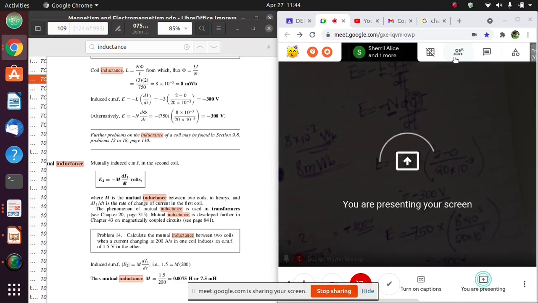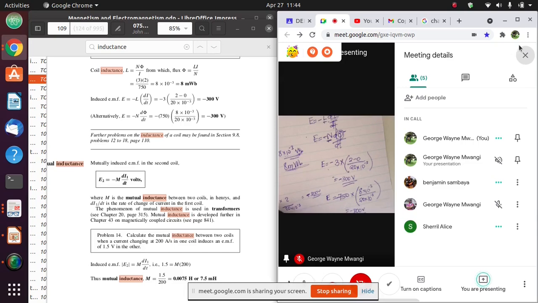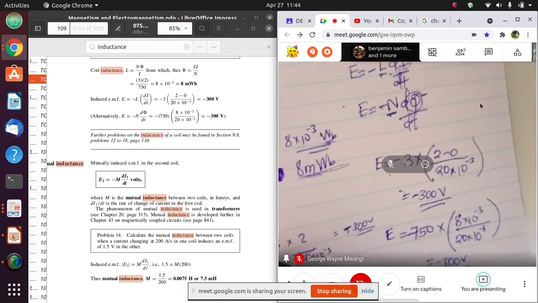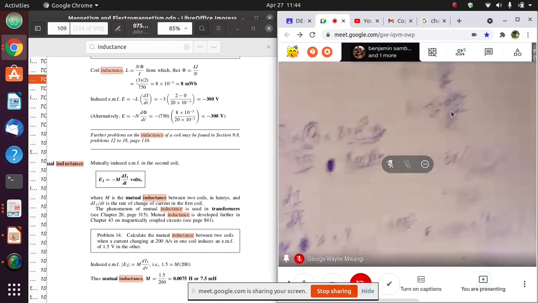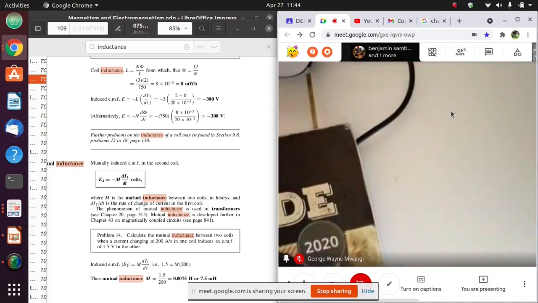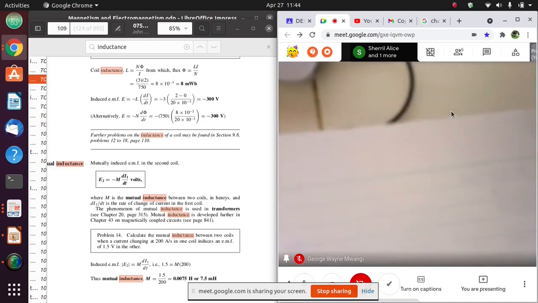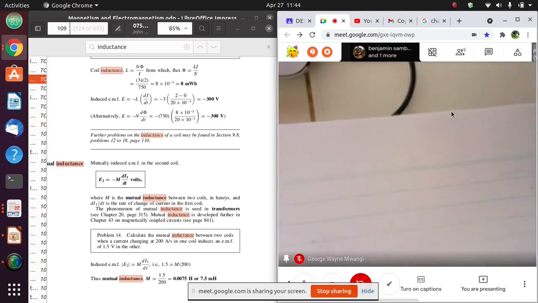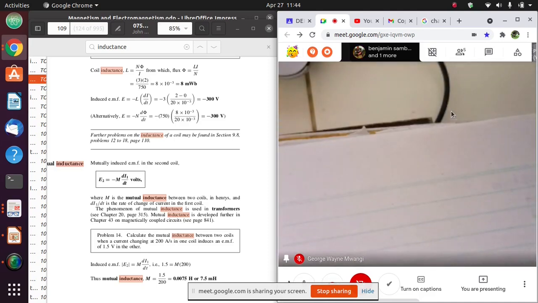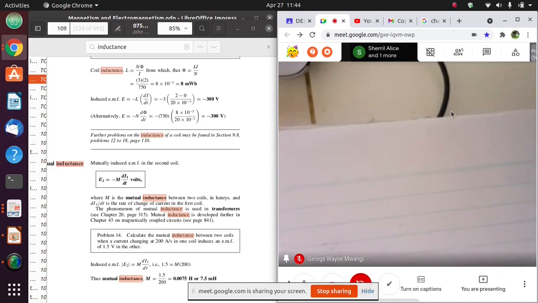Are you together? The change in current in that circuit will cause a change in the magnetic field, and that change in magnetic field will induce an EMF. When that EMF is induced in the same conductor or in the same circuit, then that is known as self-inductance.